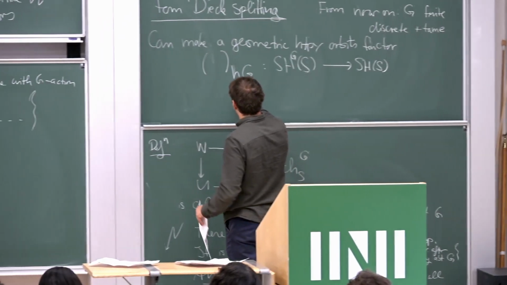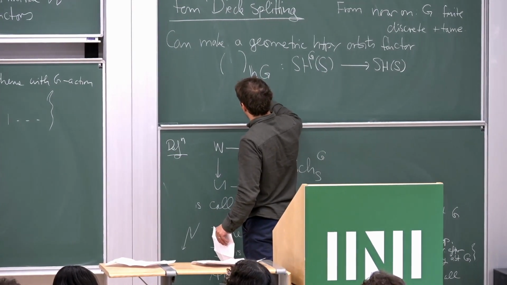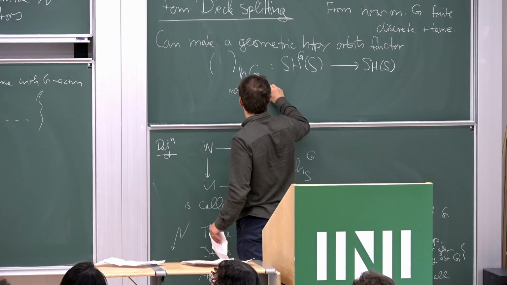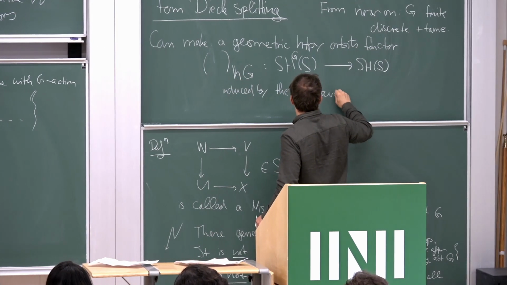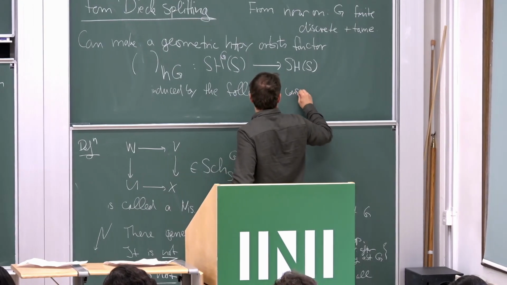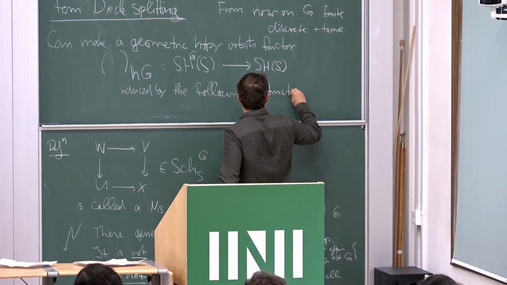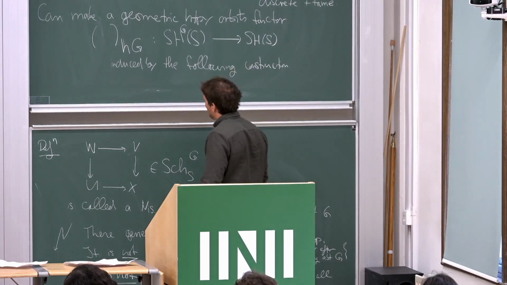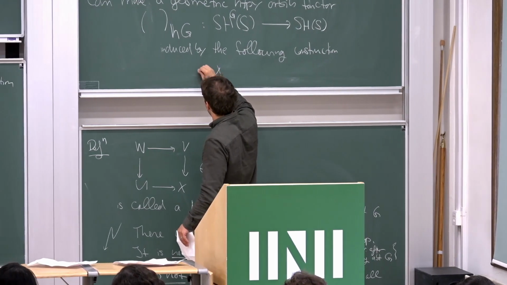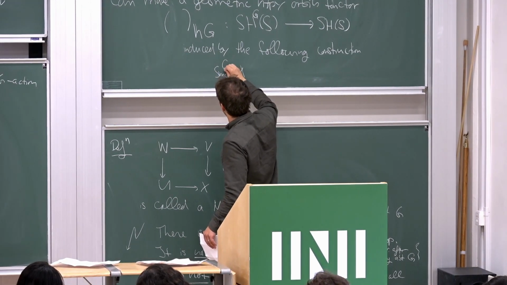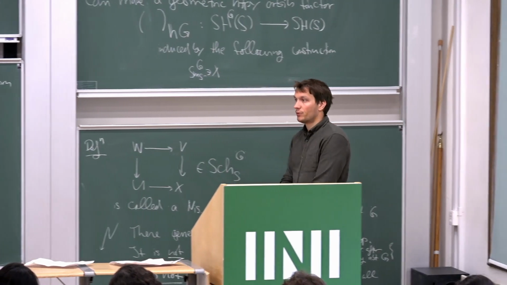And just to give you an idea, this is induced by the following construction. Suppose I take some smooth S-scheme with a G action. What am I going to do with it?